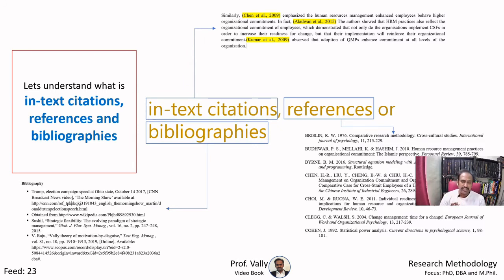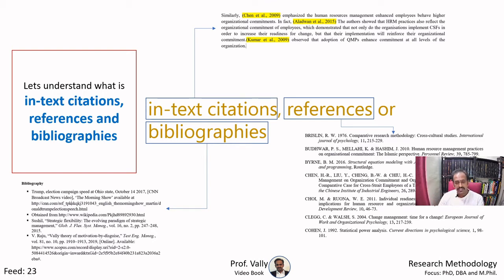That is why in a PhD we always use references. The reference section is a must, and the in-text citation is also a must. So there are three things you should understand, probably in one line: the in-text citation which comes in your thesis, the reference section which comes at the last part of your thesis.